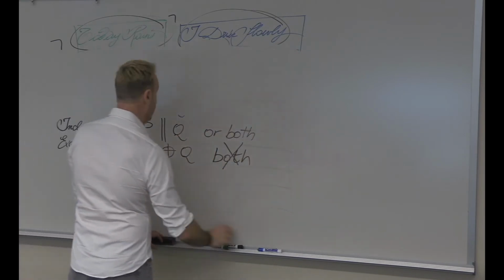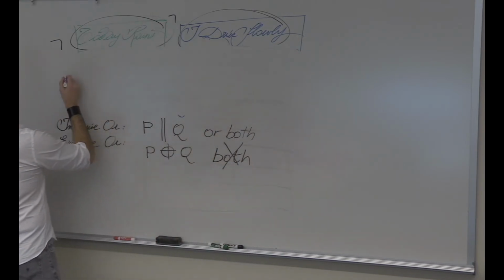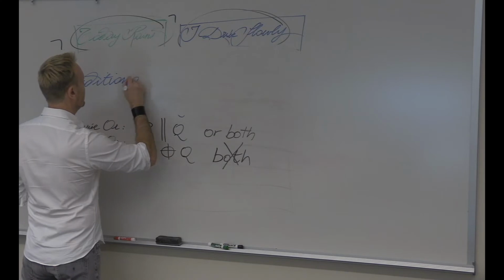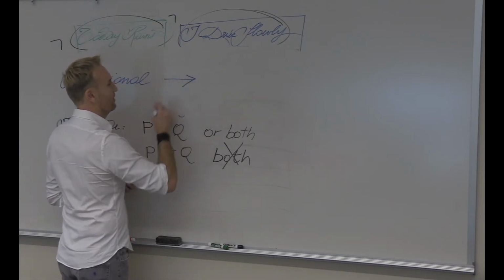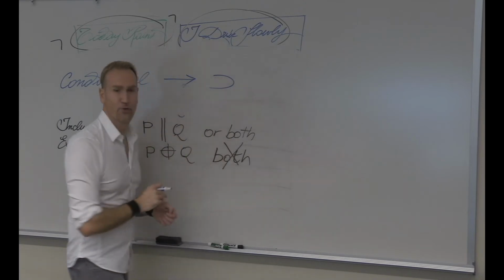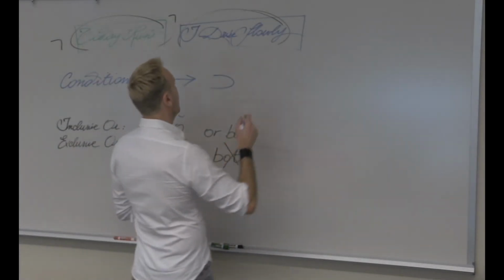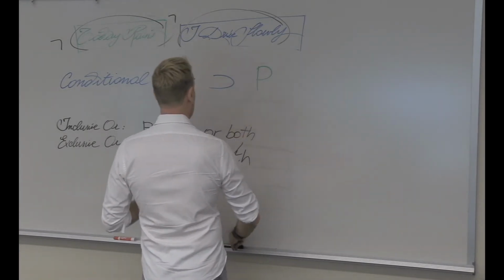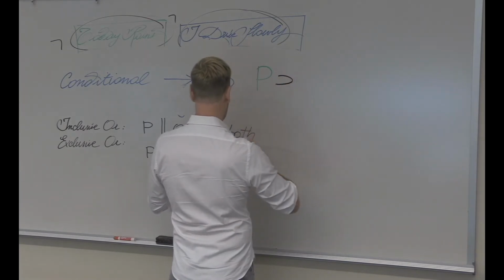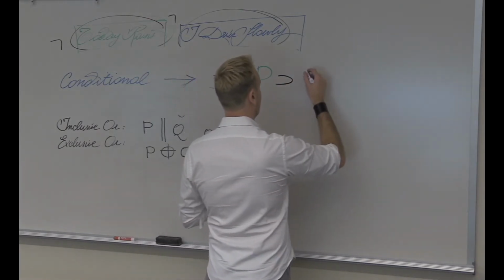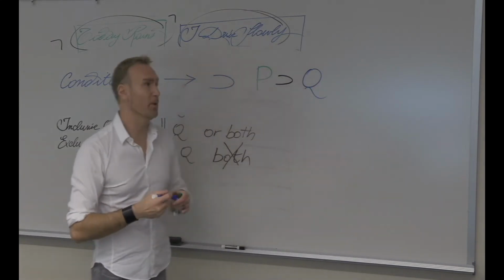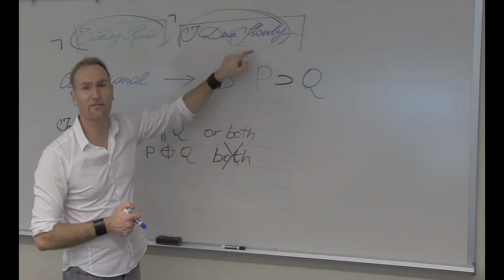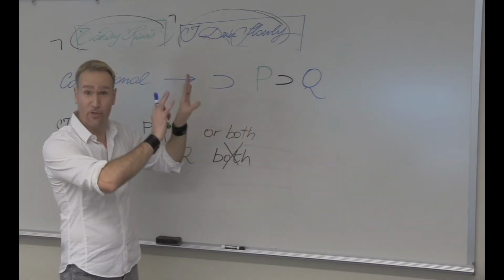So conditional is represented by the symbol either an arrow or horseshoe, okay? Whichever you prefer. So if P, then Q. Okay, so in the example above, if today rains, then I will drive slowly, which kind of makes sense intuitively in terms of the statement itself.